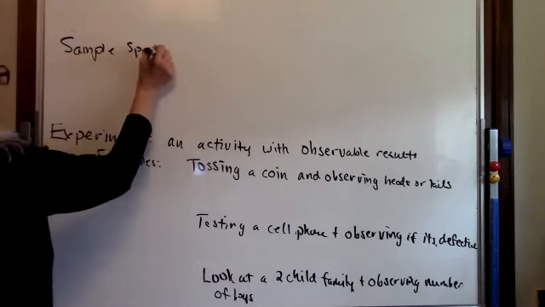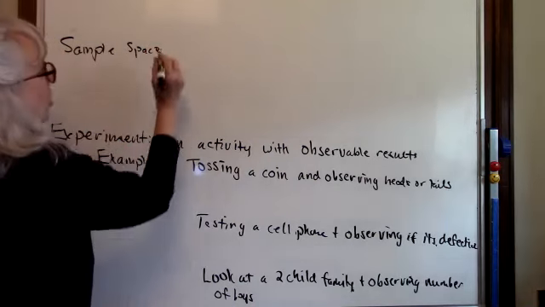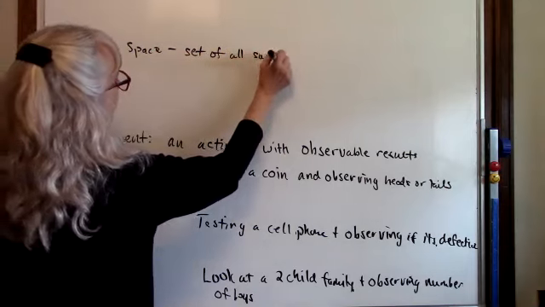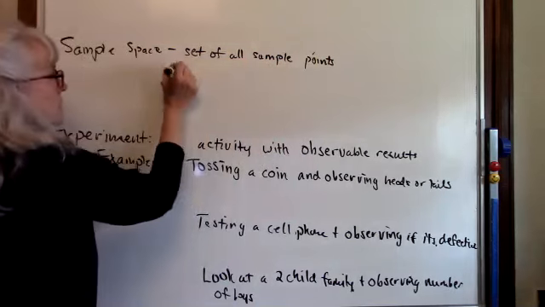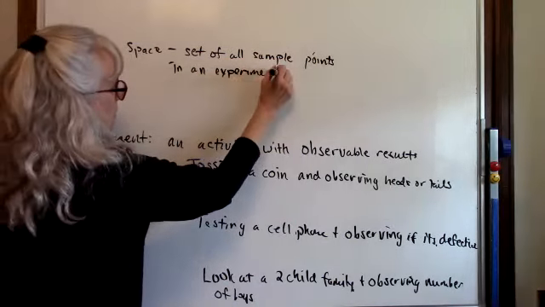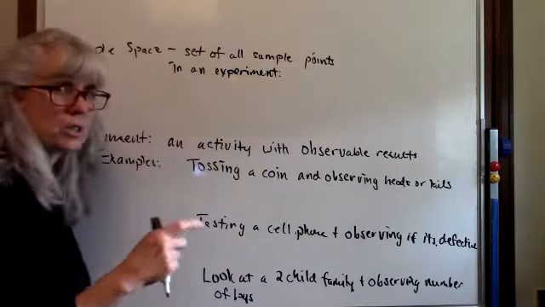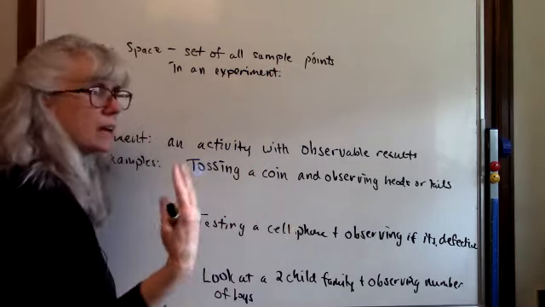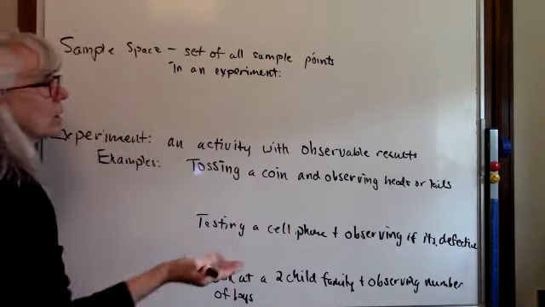The sample space is defined to be the set of all sample points in an experiment. It's very similar to the universe in chapter 6. It's the large set under consideration within a problem. In this case, it's all the possible outcomes in an experiment.